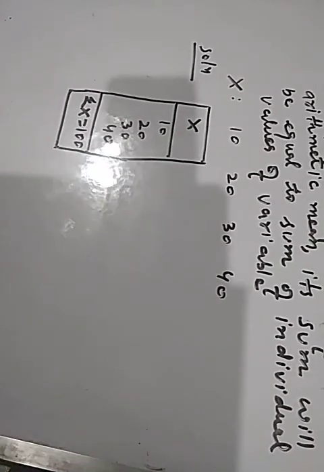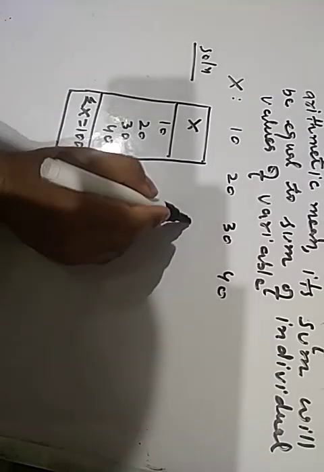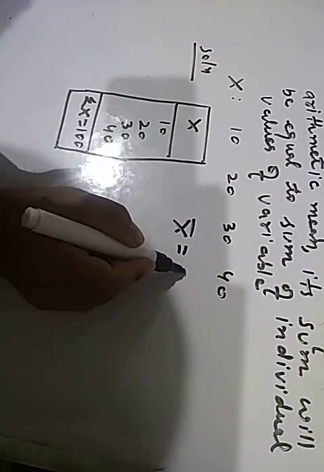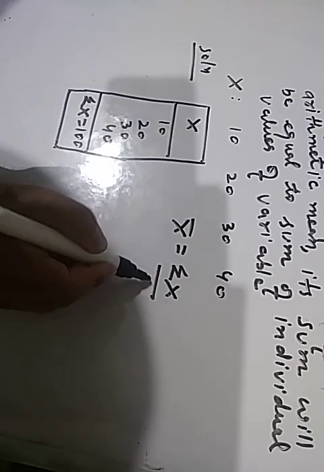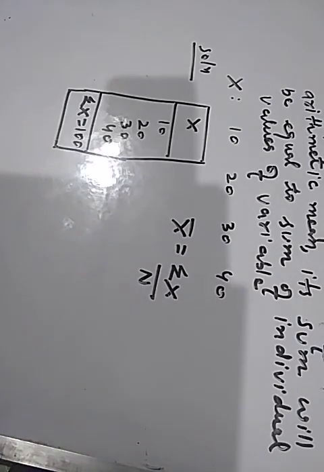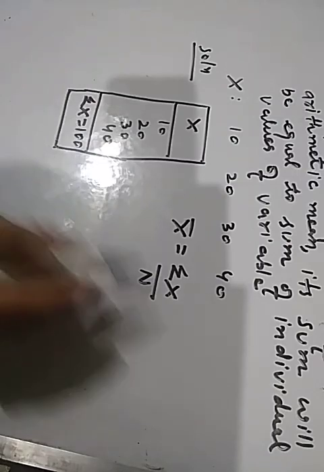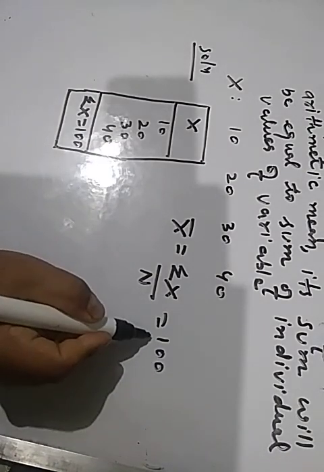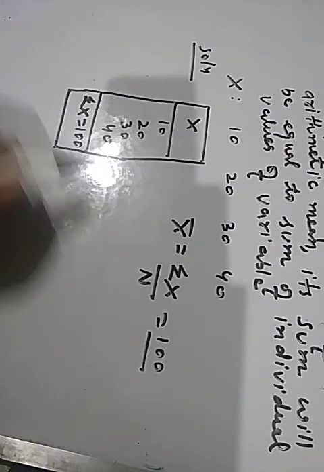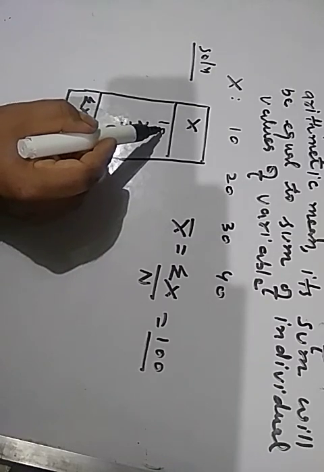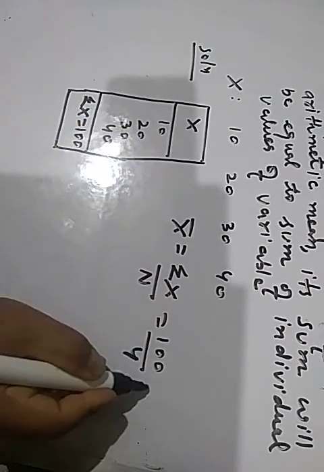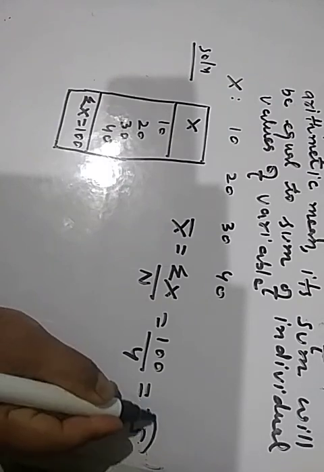Now its arithmetic mean will be equal to the sum of these values divided by the total number of items, the total number of observations in the given series. The sum of these values, sigma x, is equal to 100, and the total number of observations in this individual series is 1, 2, 3 and 4, and the value of the arithmetic mean will be equal to 25.